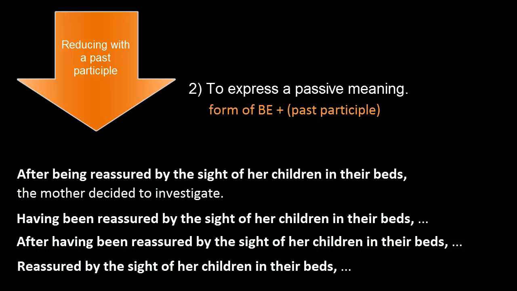All the sentences basically say the same thing, but this last one is nice because it's so concise. We can remove all helping verbs and use only the past participle, understanding that it carries a passive meaning. Something affected the mother. She was reassured.